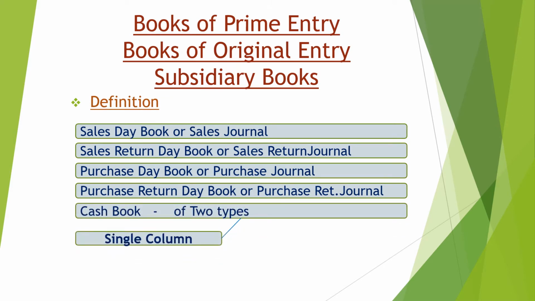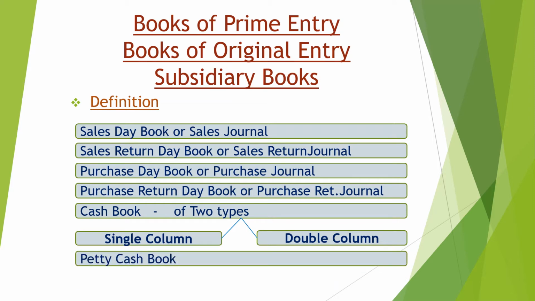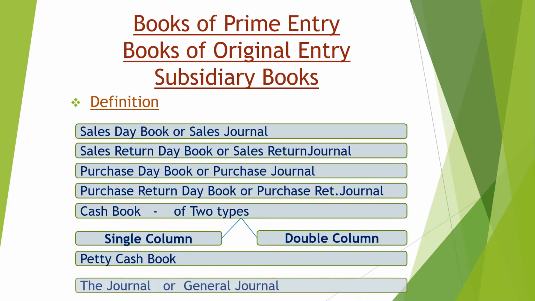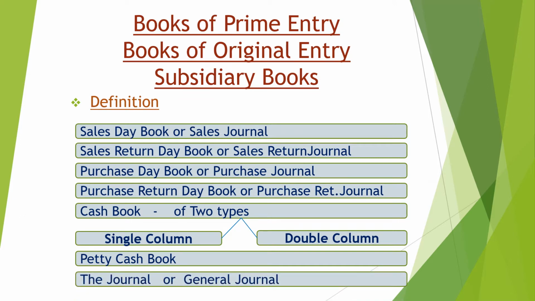The first one is single column cash book, where we record only cash receipts and cash payments. Then comes the double column cash book, where we record the cash and bank receipts and payments. Then there is a petty cash book, and finally the journal or general journal.